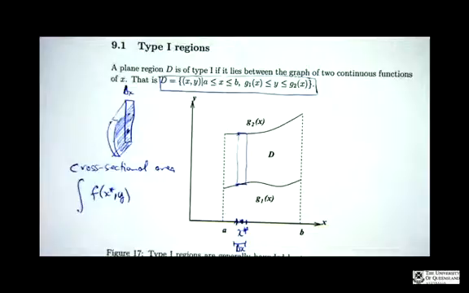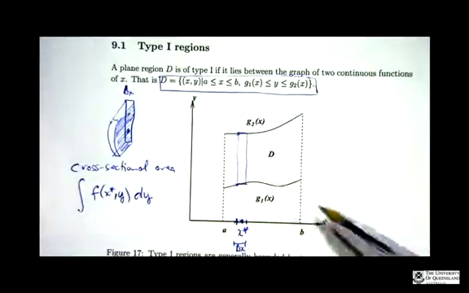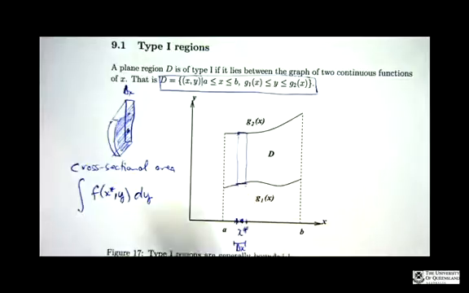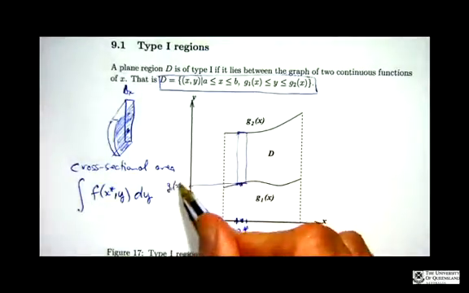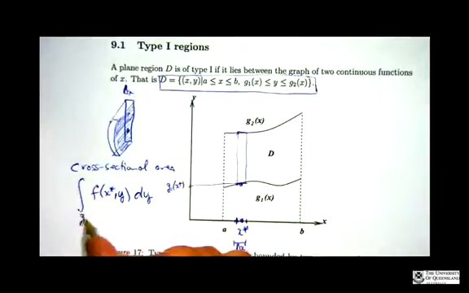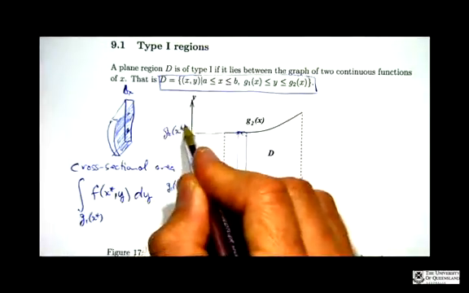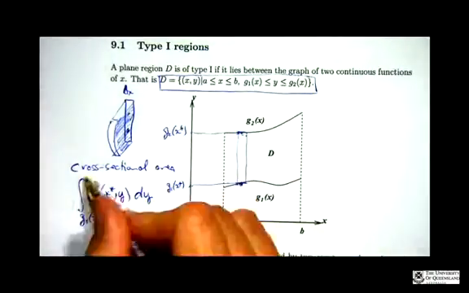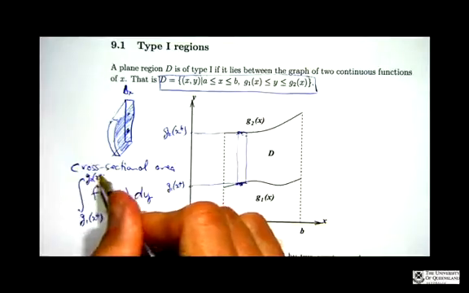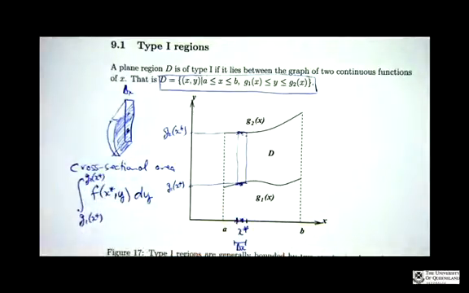We're taking our function f of x and y, plugging in x star, and we let y roam over values from the lower bound, g1 of x star, to the upper bound, g2 of x star. That gives us the cross-sectional area.